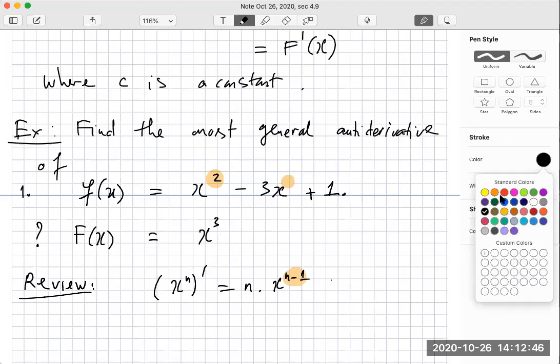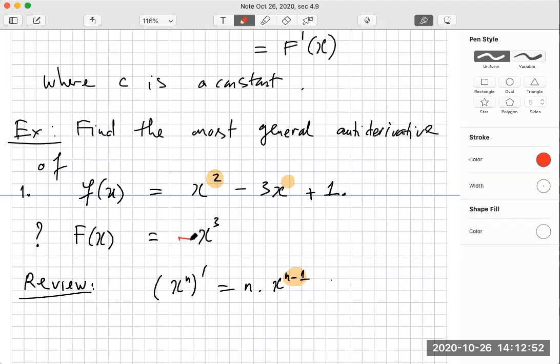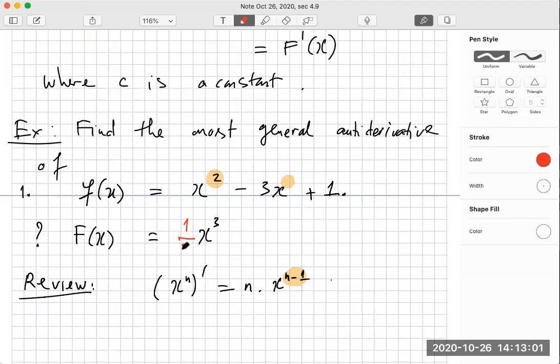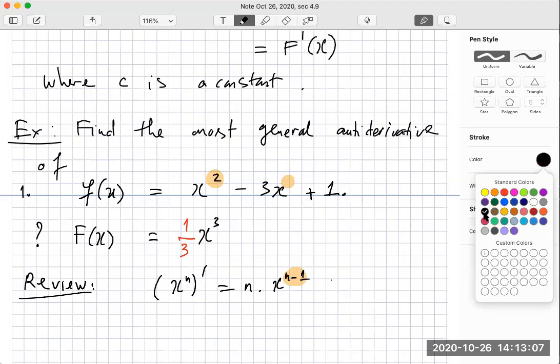But remember, when we take the derivative of x cubed, it will give us a number 3 in front. So in order to eliminate that constant, we need to divide by 3 here. We do the reverse. Very good.